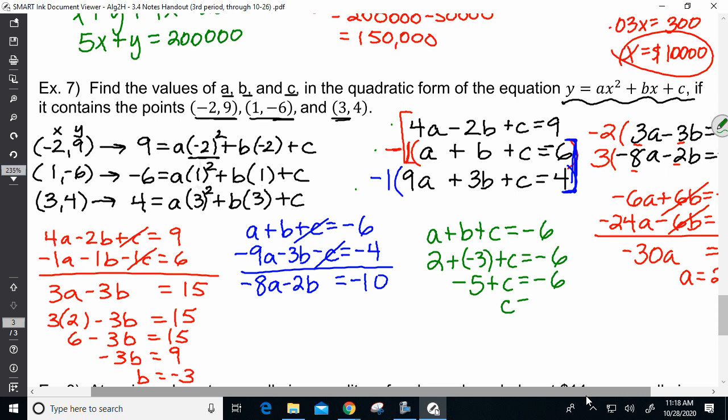So C equals negative 1. So A equals 2, B equals negative 3, C equals negative 1. So your equation is y equals 2x squared minus 3x minus 1.